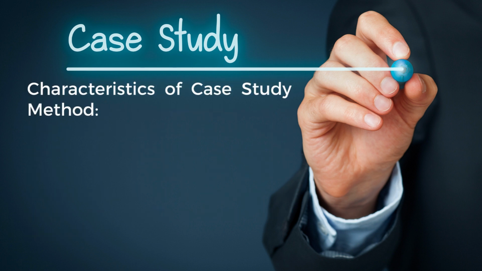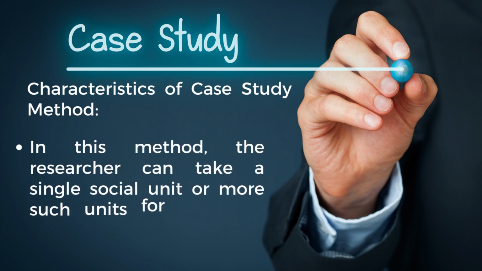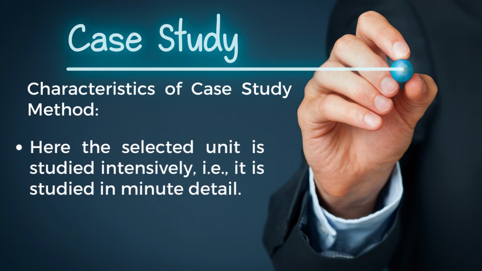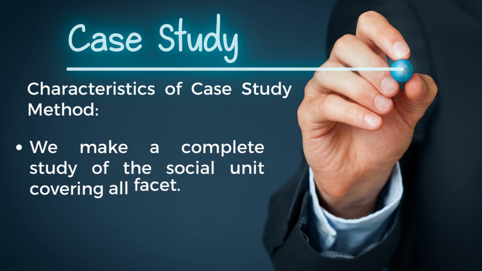The characteristics of the case study method are, firstly, in this method, the researcher can take a single social unit or more such units for his study purpose. Secondly, here the selected unit is studied intensively, that is, in minute detail. Thirdly, we make a complete study of the social unit covering all facets.